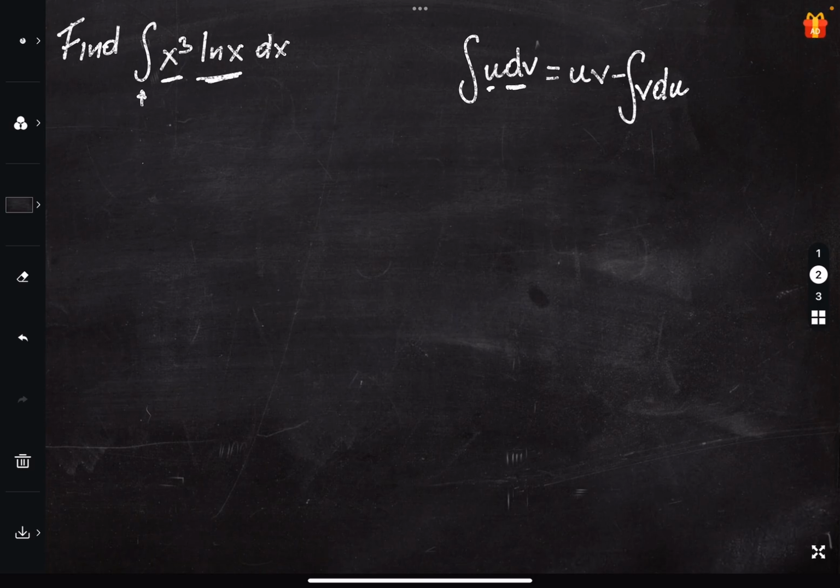It will be easier for me to have natural log of x as my u, because when I take the derivative of natural log of x, I end up with 1 over x, which is easier to work with.